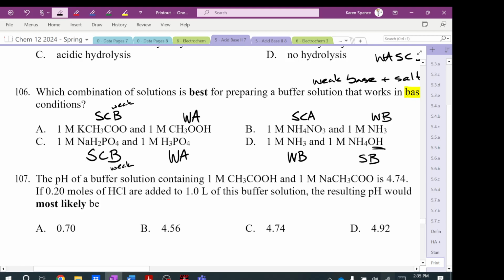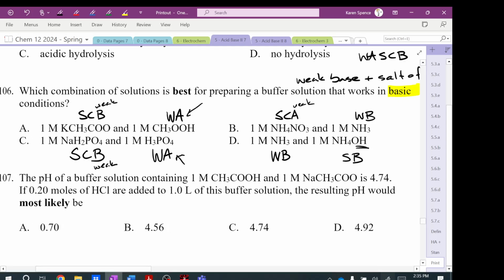So we have weak acid, weak base, weak acid, weak base, salt of the conjugate weak acid. Even if I didn't know, I would say these two are the same, weak acid and salt of the conjugate base. You can't have both of them be correct, therefore you can eliminate them.